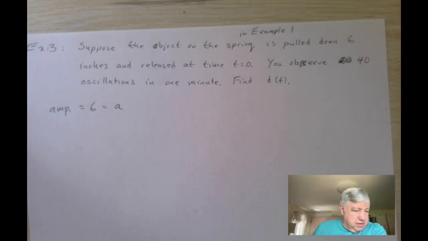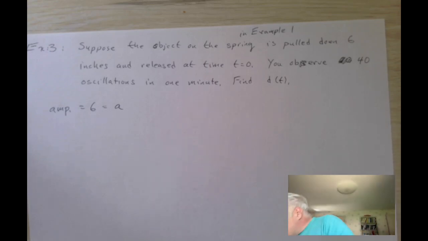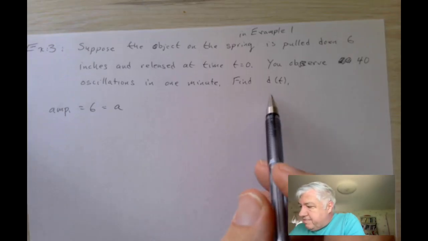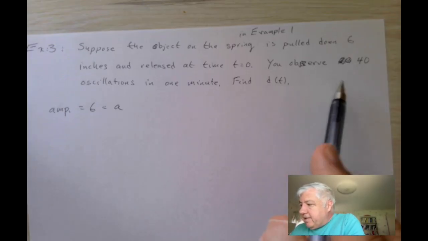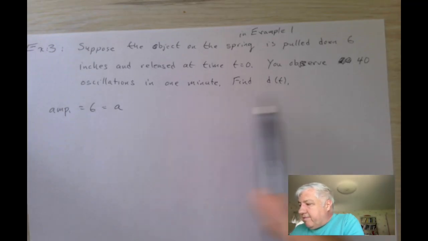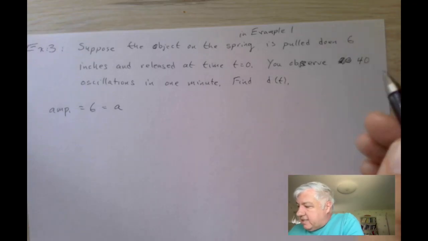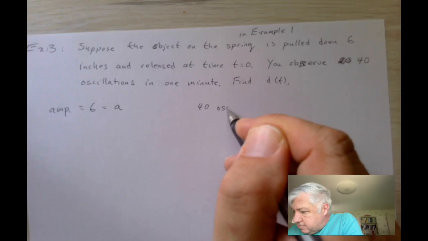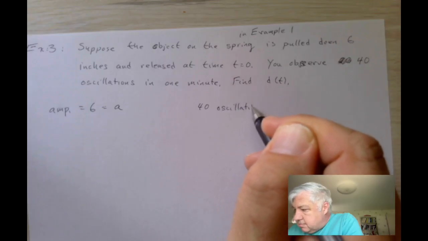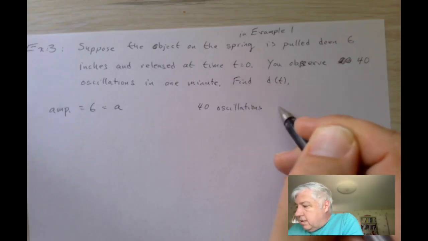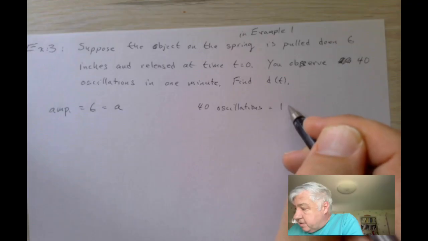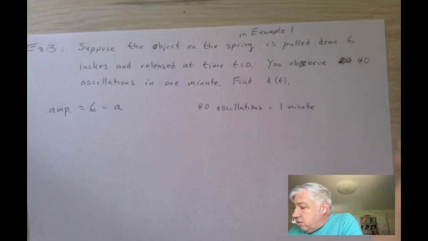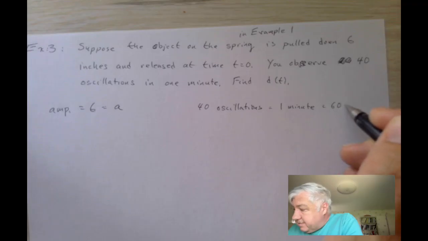And then the period. Well, what's the period? The period is going to be the reciprocal of the frequency. Now we have 40 oscillations in 1 minute, which is the same as 60 seconds.